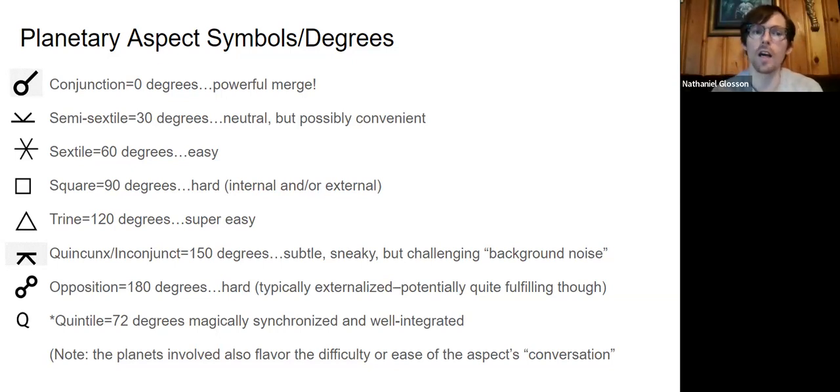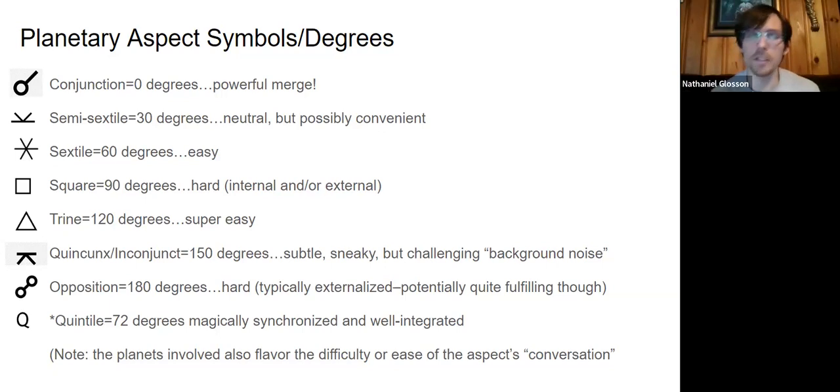And we say within an orb, which means, for example, a conjunction is 0 degrees, but if a planet is 5 degrees away, that's still considered a conjunction. The orb for a planet, you'll find in text, could be anywhere from 1 to 10 at a max, and usually it's bigger, or you allow more of an orb, for faster planets, whereas the slower they are, it tends to be a little bit smaller.